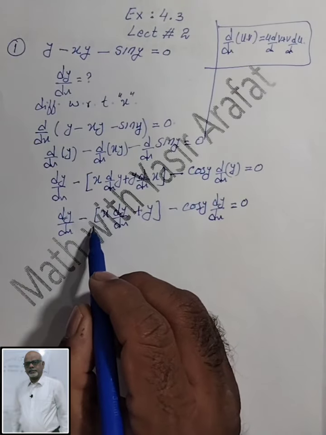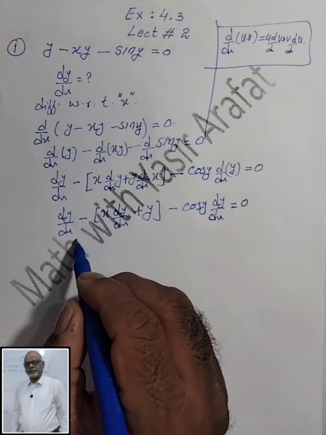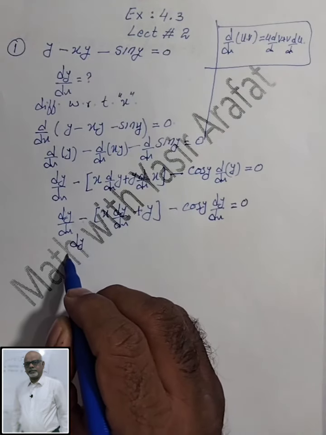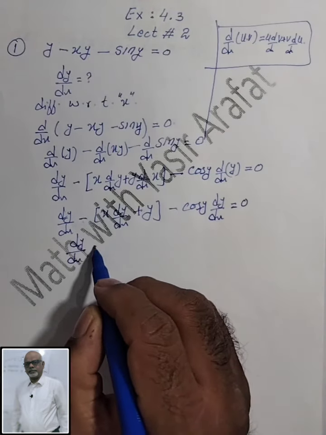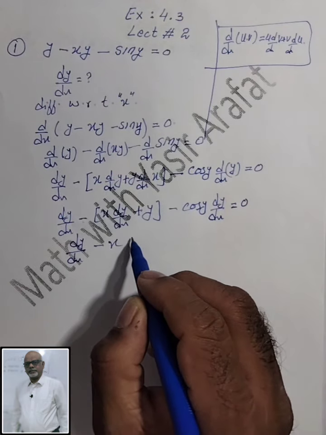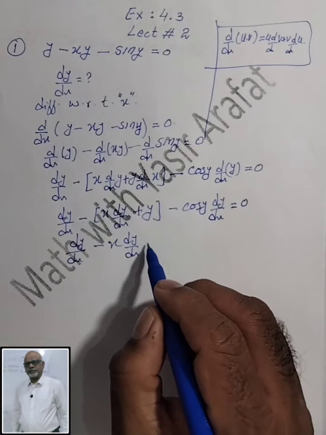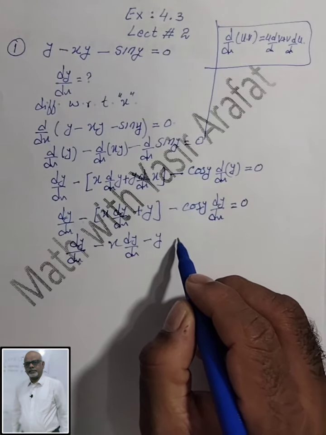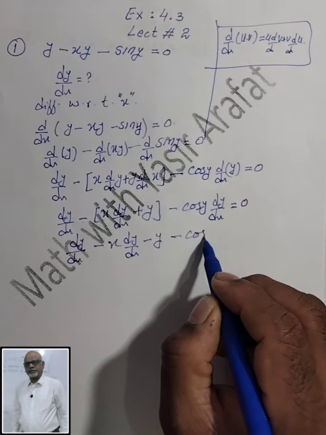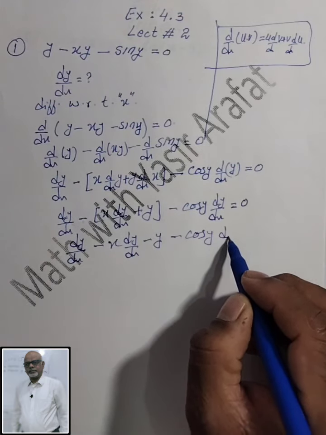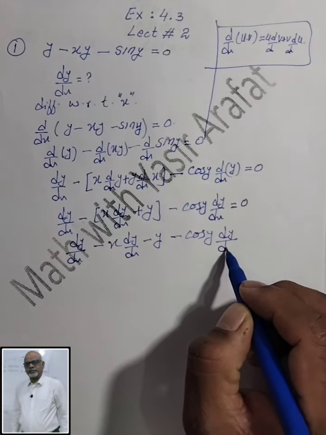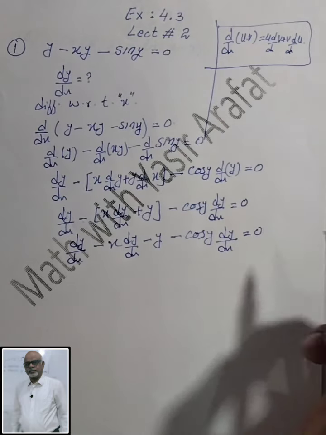So here we just have to open the bracket with the negative sign. So this is dy upon dx minus x dy over dx, minus times plus gives minus, and this is y minus cos y dy over dx, it is equal to 0.